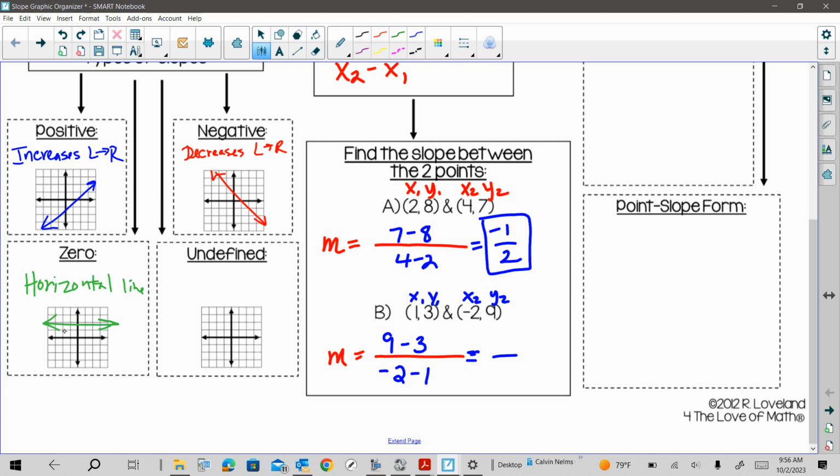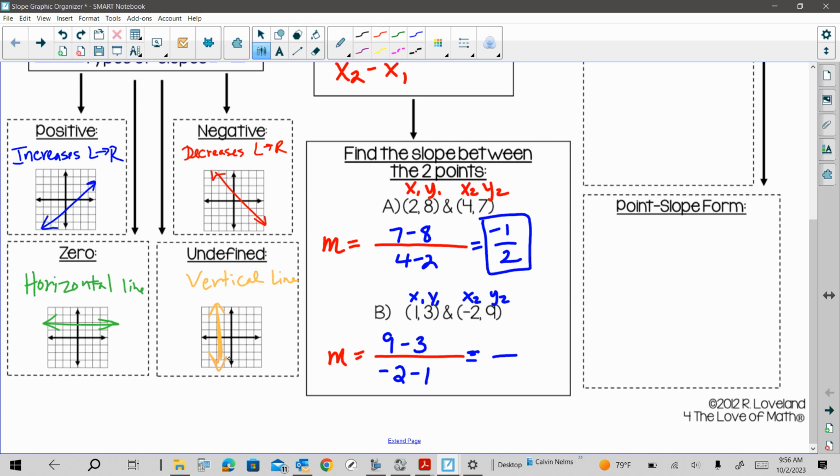It's just straight across for a zero slope. And then for your undefined slope, this is a vertical line. So just up and down. So just know the different types of slopes, especially the special cases.